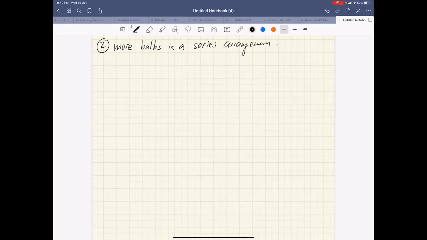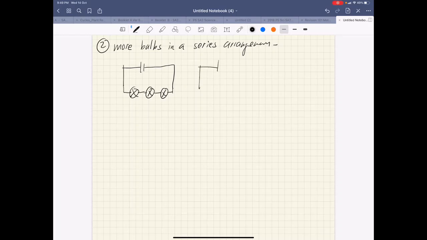This is not true for parallel, which I will explain later. So when you have more bulbs in a series, let's say you add 3 bulbs, it becomes dimmer.